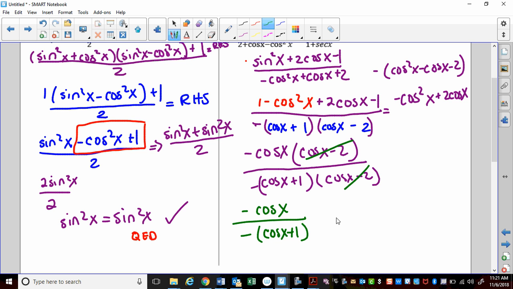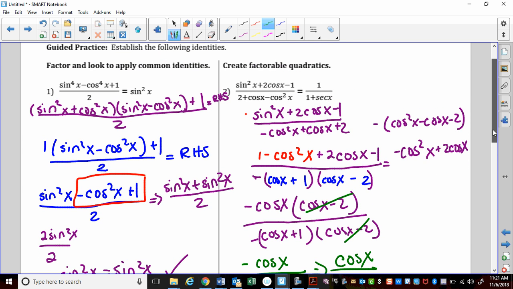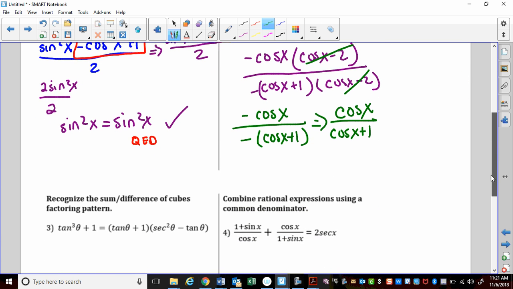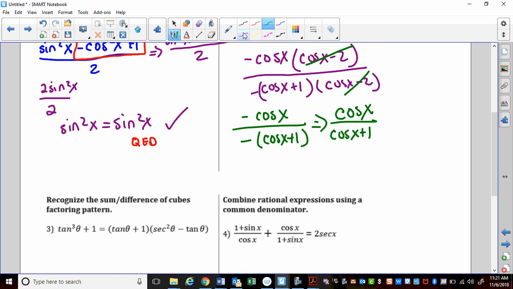And I have cosine of x over cosine of x plus 1. And I want it to look like 1 over 1 plus secant of x. So what I'm going to do is multiply the top by 1 over cosine and the bottom by 1 over cosine.